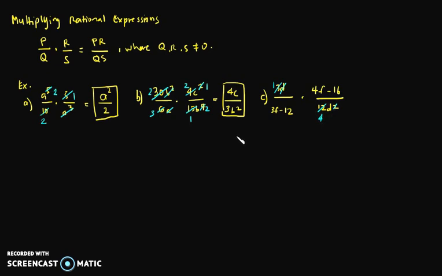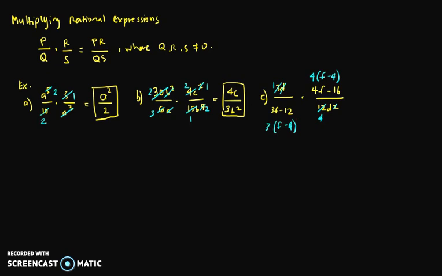Looking at the numerator and the denominator, I can factor this one out. The common factor here is 4, so that gives me 4 times f minus 4. And for this one, the common factor is 3, so that gives me 3 times f minus 4.